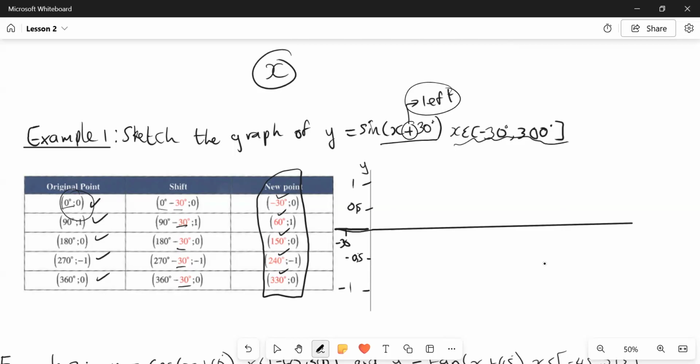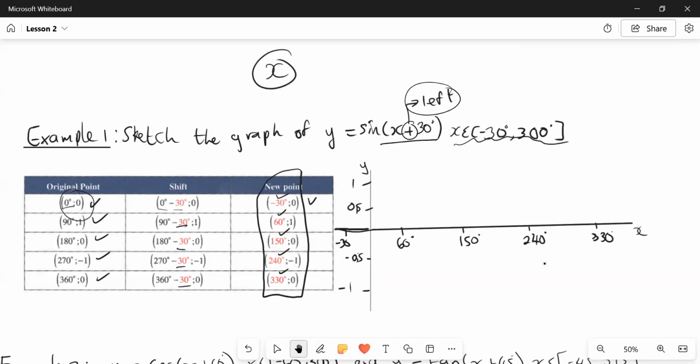This is your y and your x. So the points here would be 60, 150, 240, and 330.